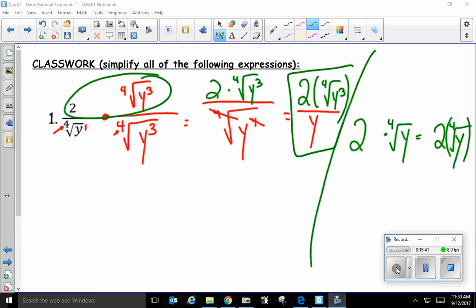Now, I just want to show you one thing. How come that root right here needs to be the same? Think about if I were to make those fraction exponents. When I add or subtract fractions, what has to be the same? The denominator. Isn't this the denominator at the bottom of the fractions?